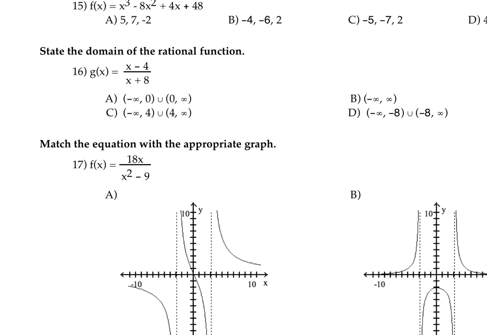So if I set x plus 8 equal to 0, that gives me x equals -8, okay? And so we know that x cannot be -8. That gives me 0 in the denominator, which we cannot have. And so we've got to figure out which one of these four takes -8 out of the domain. And so x can be anything I want it to be except for -8. And so D is the one that takes -8 out of that domain.